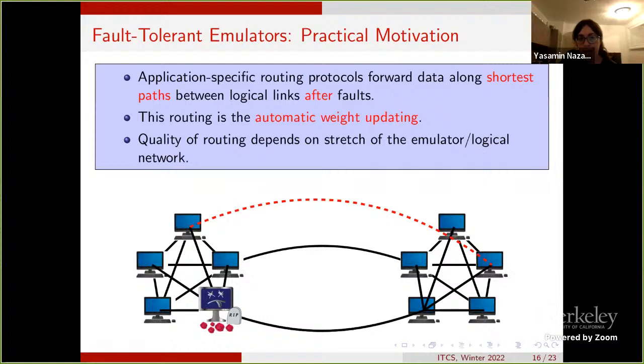So in a sense, application-specific routing protocols already do something that is very similar to this automatic weight updating. They basically send the packets along the shortest path after faults. So it makes sense to do things this way even in practice. And the quality of the routing would depend on the quality of our emulator, or the stretch of the emulator.